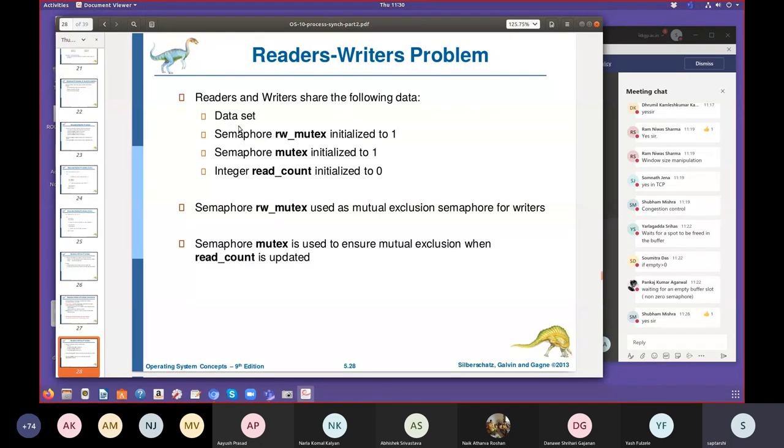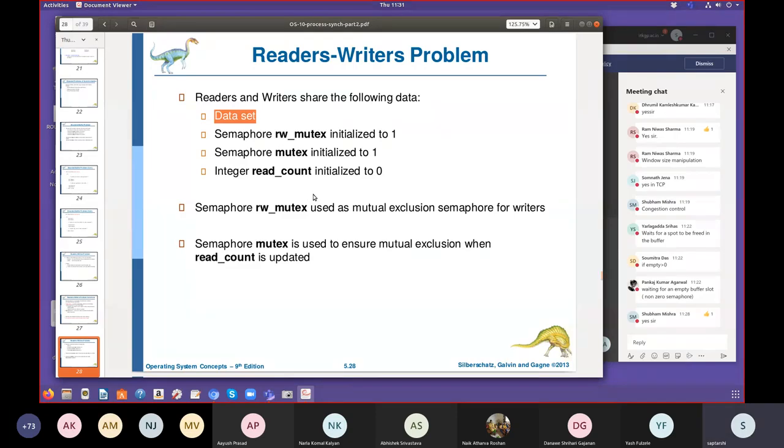We already have a shared dataset. rw_mutex is used to ensure mutual exclusion when accessing that shared dataset, specifically for writers. Think about it intuitively. Suppose only 5 readers want to read the dataset. There is no need for mutual exclusion. They can read concurrently, because writers are not changing anything.